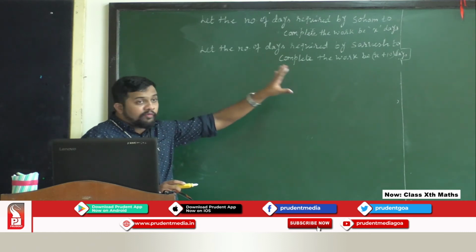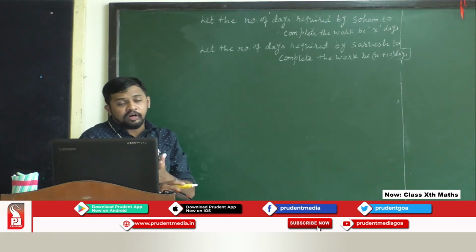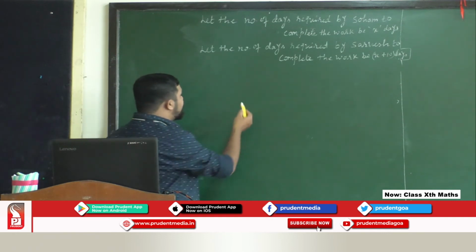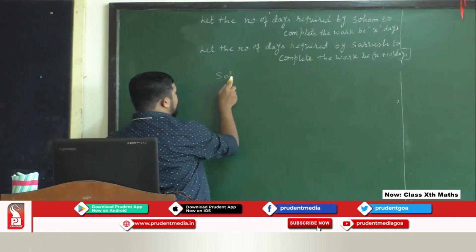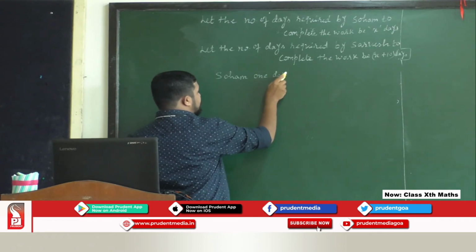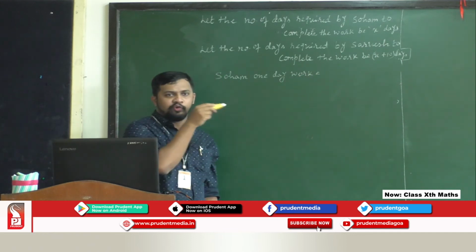Now this is the number of days they have to complete. What will be the days, meaning how much work they will do in 1 day. So in 1 day I have to find out. So Soham's 1 day work.